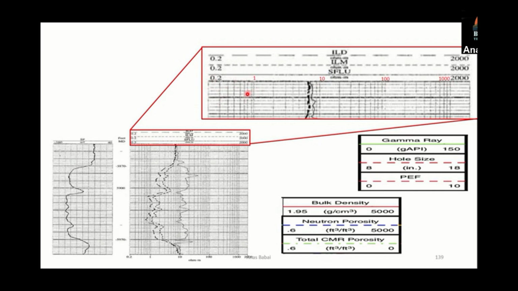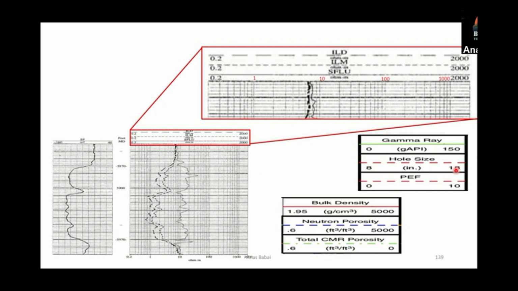The first part of it is from 0.2 to 1, from 1 to 10, then from 10 to 100, from 100 to 1000, and then this is our 2000. So this is how we read. Whenever the line lies, you can directly figure out the value of the resistivity in that interval. The gamma ray is straightforward, from 0 to 150.